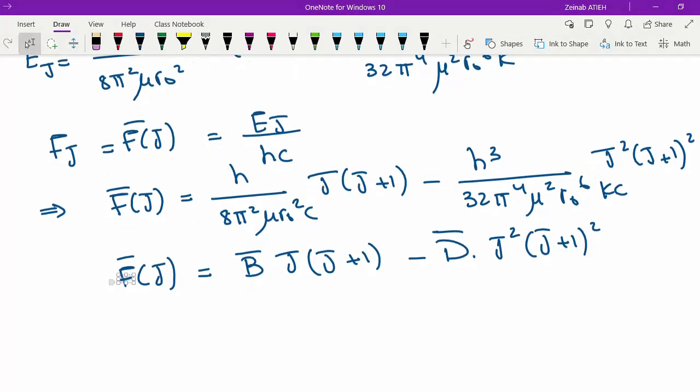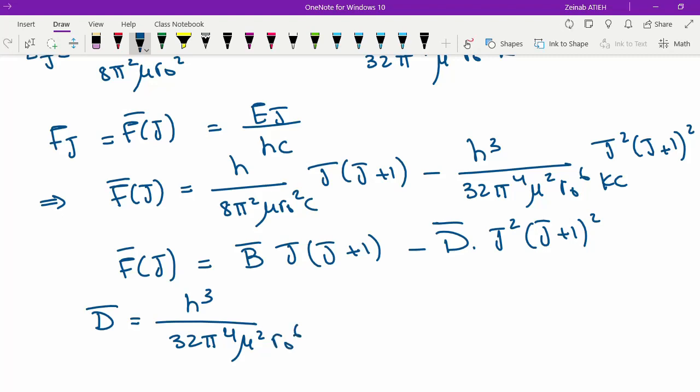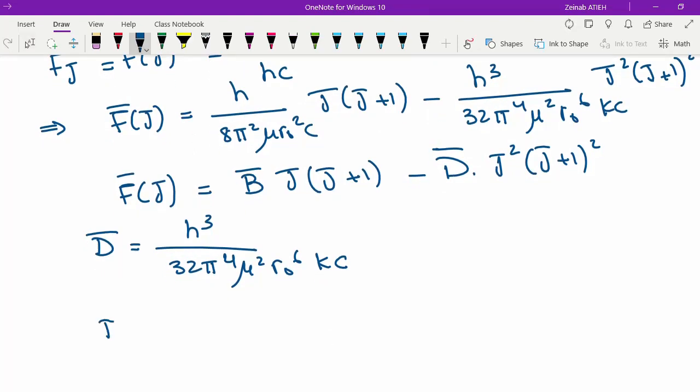Let's find a relation between D and B. So first let me write D. D is equal to h³ over 32 pi⁴ mu squared r0⁶ k times c. So B bar is equal to h over 8 pi squared mu r0 squared c.